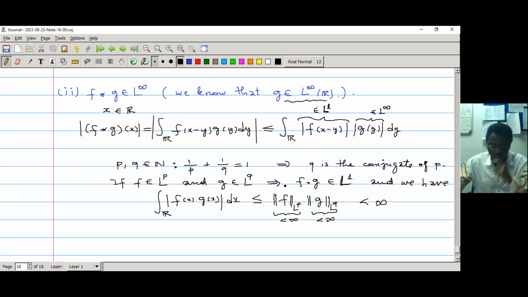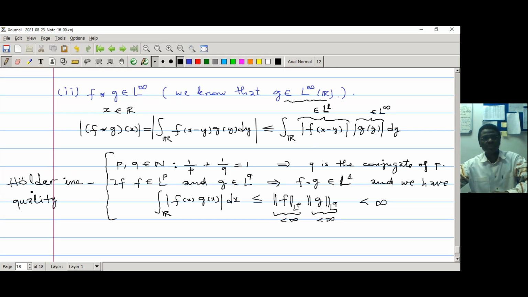So this is Hölder inequality. So that is it. I will leave it there. So that's what we use.